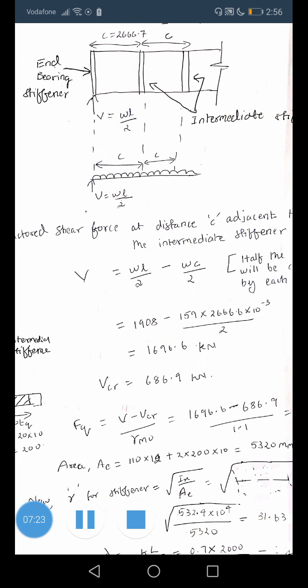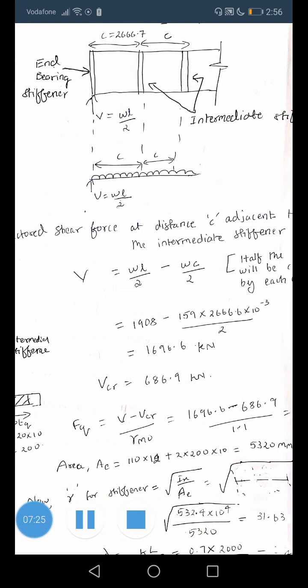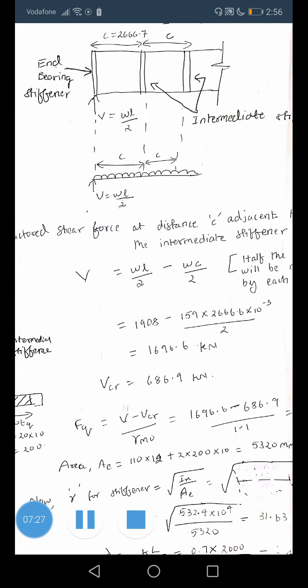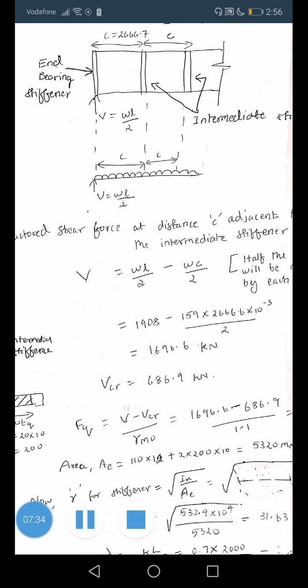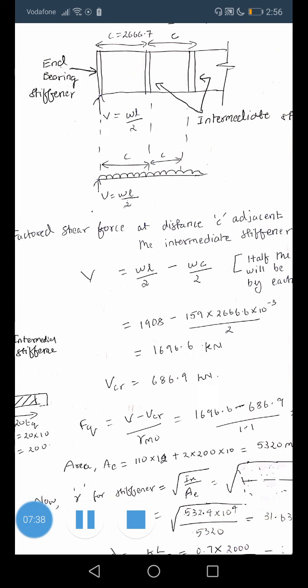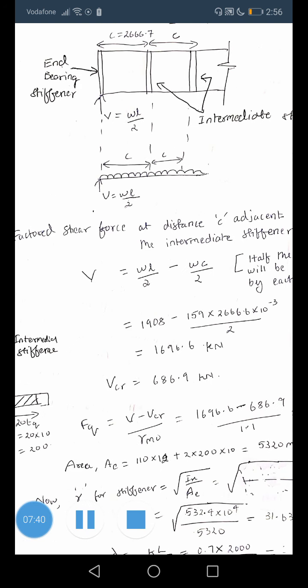Everyone knows that if UDL W is acting over a distance x, then the shear force is W into x. But here each of the transverse stiffeners will carry the load equally.